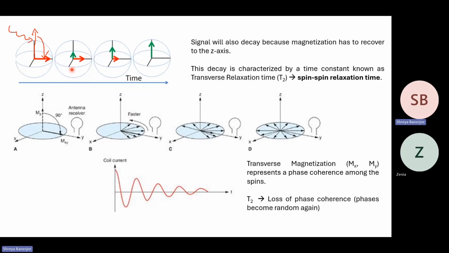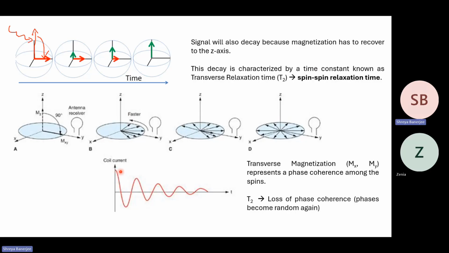As time goes on, the XY component shown by the red arrow is decreasing and the Z component shown by the green arrow is increasing. So, since the signal depends on the XY component, the signal has highest intensity at the beginning, and at the end, when the XY component is 0, the signal also becomes 0. So this decay of the signal is characterized by a time constant known as the spin-spin relaxation time, or T2.